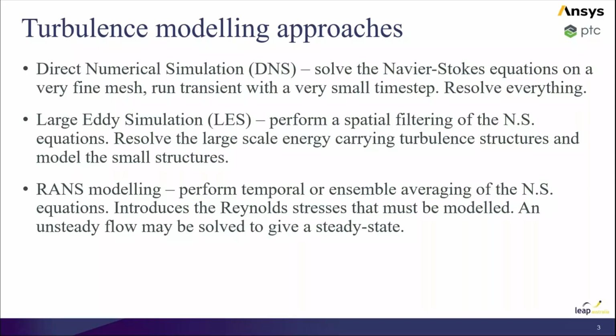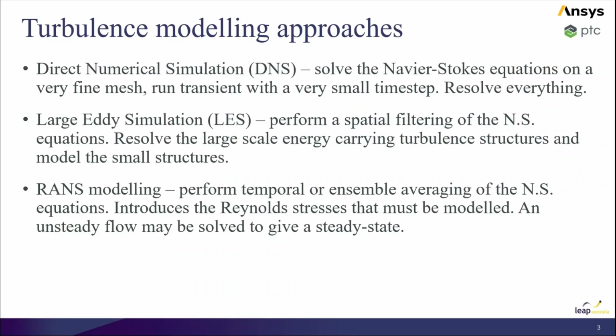The nice thing about RANS modeling is that turbulence is inherently 3D and transient, but for many flows, we can now get a steady state solution. So if you just take the simplest flow down a pipe, we cannot run that steady large eddy simulation. It has no sense to run a large eddy simulation in a steady state mode.